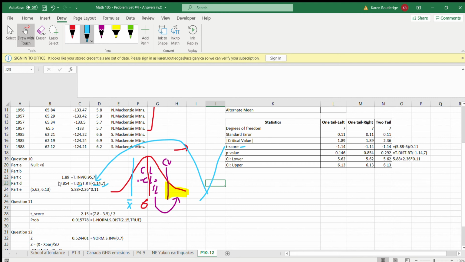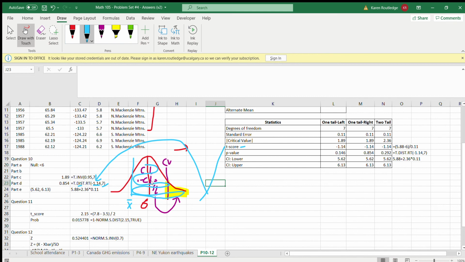It means it is entirely possible to observe what we did, or something more extreme, off to the right, assuming the null hypothesis, where the value of the null hypothesis is 6 or greater than 6. So notice this is a very large value, so we're over here, and that probability includes the value that we saw or something more extreme. So it's all of this part of the curve.